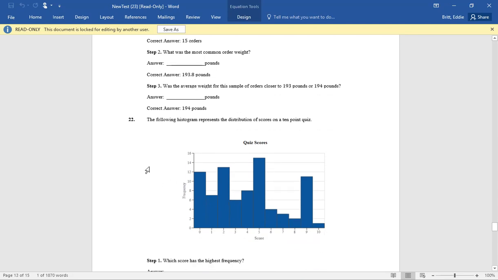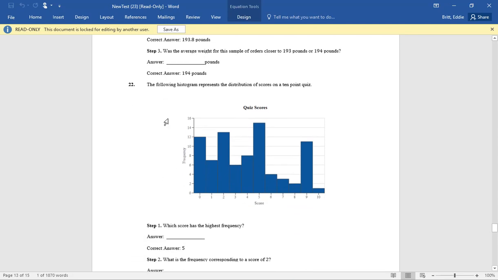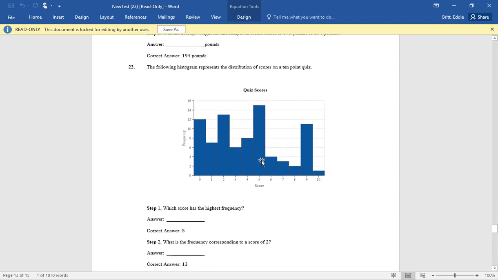All right, here is a histogram. What score has the highest frequency? You can see the scores are at the bottom, frequency's on the side. 5, looks like there's 15 there, but it just asks which score, so you put 5 because there's 15 people that scored a 5.